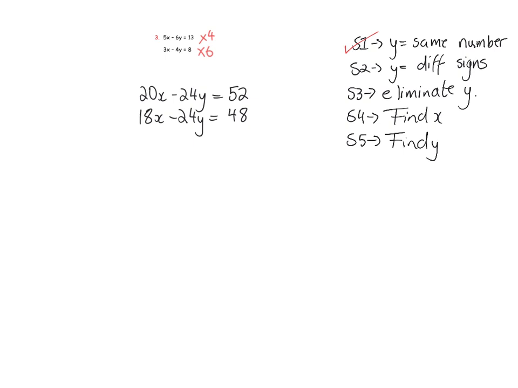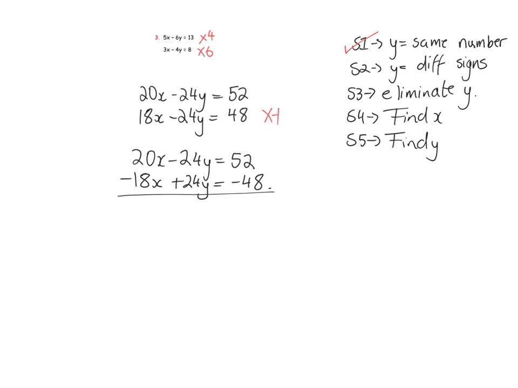To change that, I'm going to multiply one of them by minus 1. The top line stays the same. I chose the bottom line this time. And we're left with minus 18x plus 24y is equal to minus 48. Then we can put a line under that, and that's step 2 done. It's minus 24y and plus 24y, so we're happy with that.